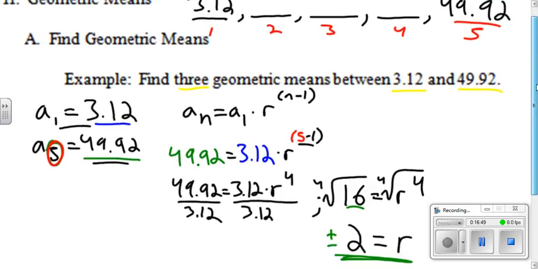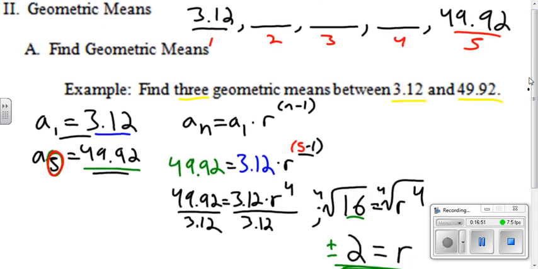Now, if our r was positive 2, then 3.12 times positive 2 would give us positive 6.24. That times another positive 2 would give us positive 12.48, times another positive 2 would give us positive 24.96, and again times positive 2 ends up right where we're supposed to be.